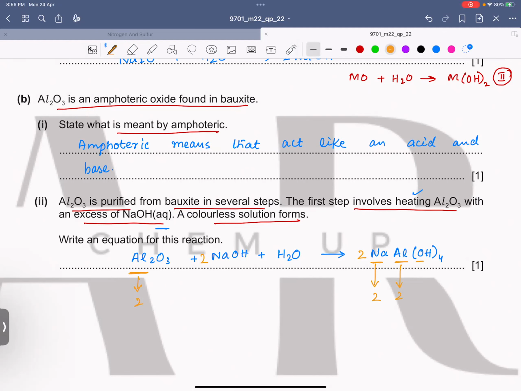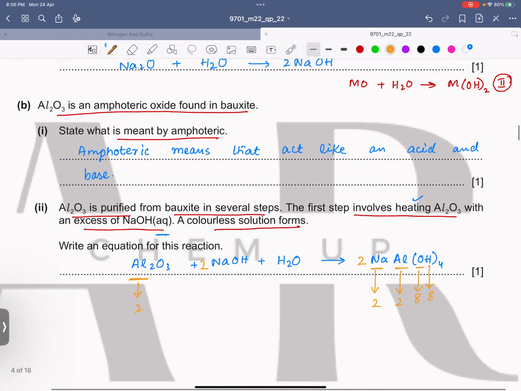This 2 makes the oxygen 8 and hydrogen 8 as well, right? Here I already put a 2 and have 2 hydrogens, right? So 6 hydrogens are left to balance. So I would put 3 over here. This makes these hydrogen 6.